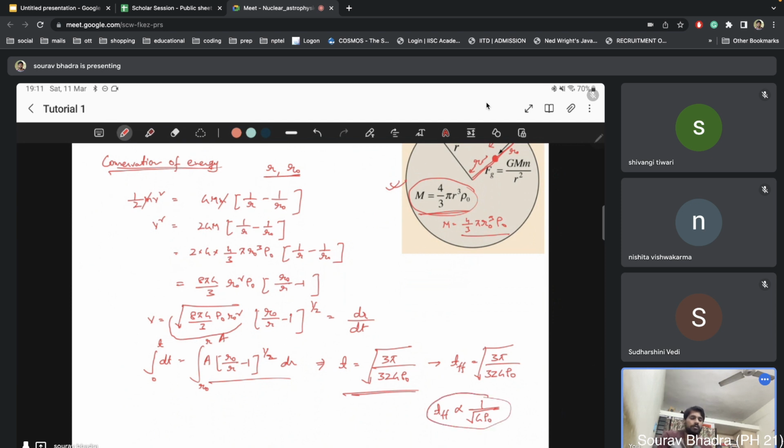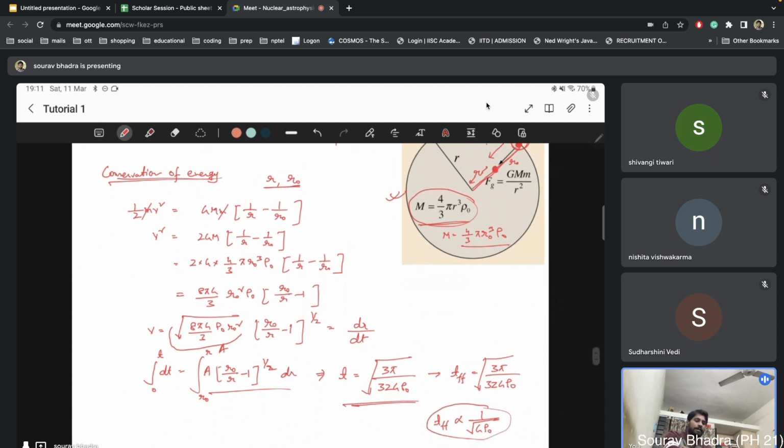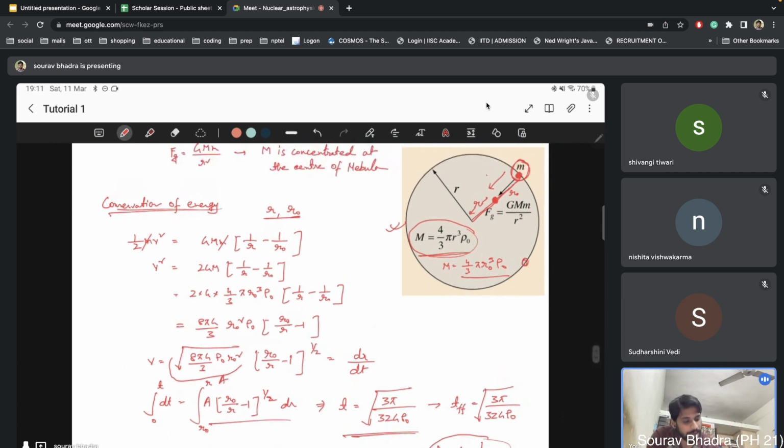So you can see that after t FF, the particle will come towards a smaller distance. Similarly, a particle from here will also feel the gravitational acceleration and force, and it will go inside. Particles from everywhere will go towards the center of that nebula, and after some time all the particles will be around that center.